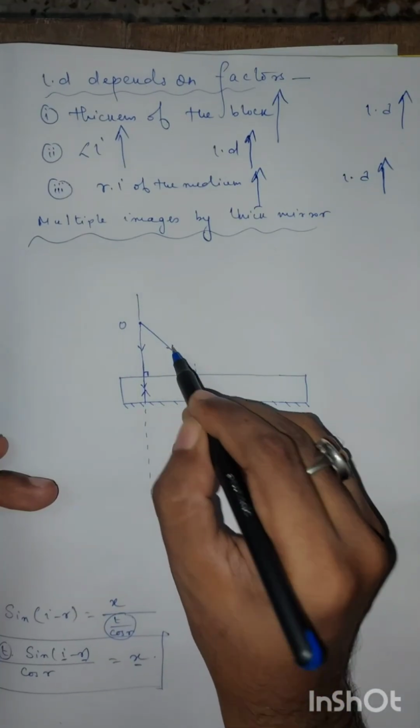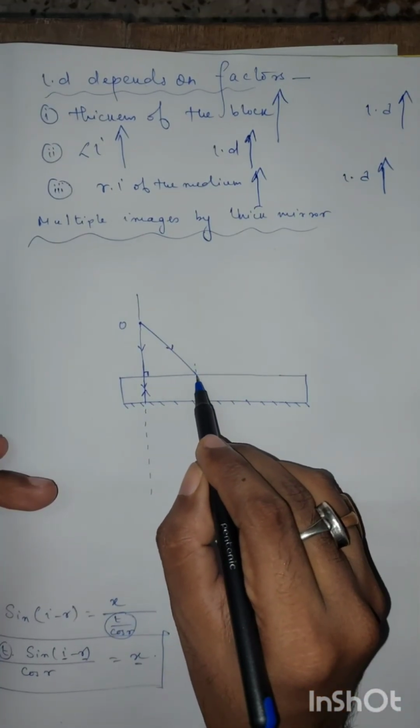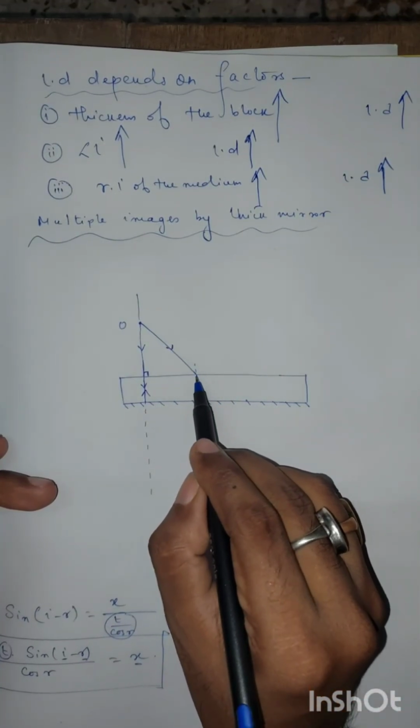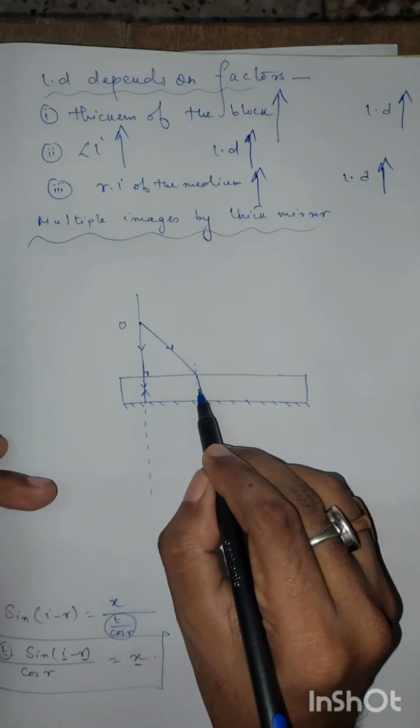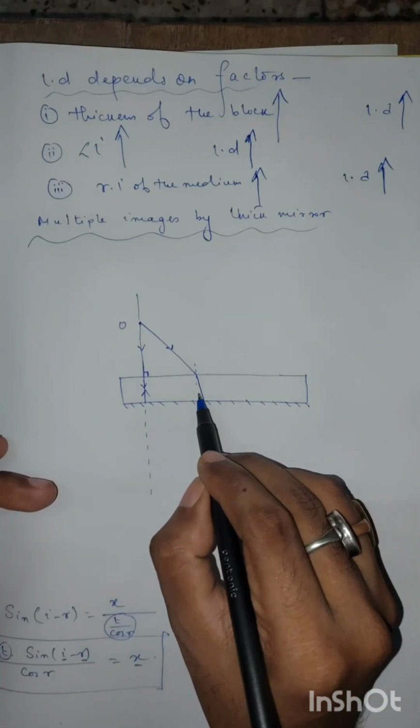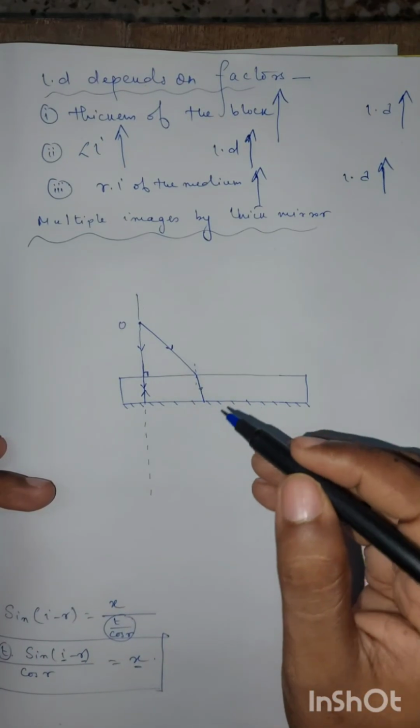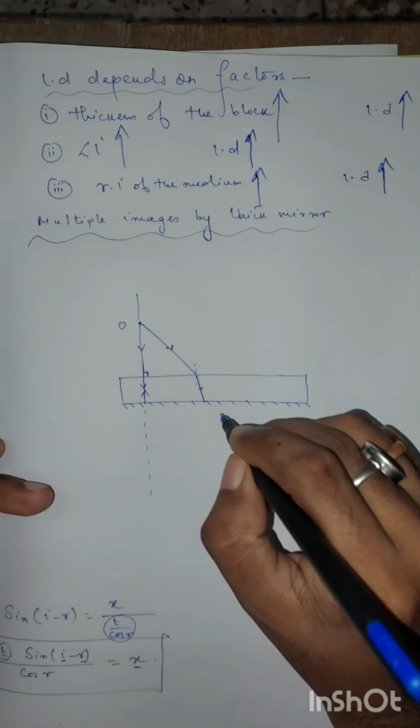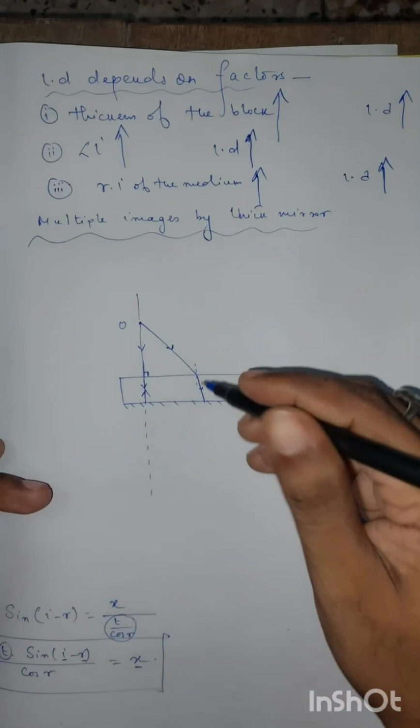This is the refraction, and again the refracted ray gets reflected by the silvered surface.